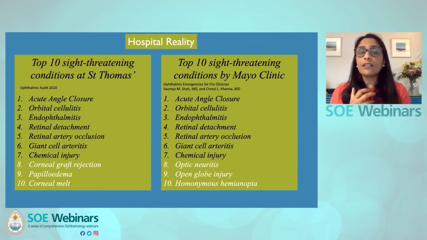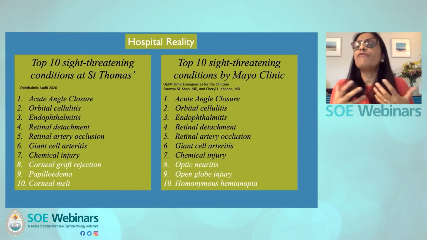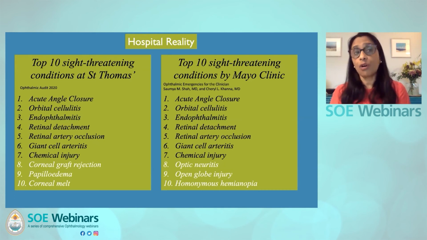Now, if we look at what the reality is in terms of what comes in to the hospital, we did an audit at St. Thomas's Hospital looking at the top 10 sight-threatening conditions. You can see that our top 10 is not that different from the published top 10 by the Mayo Clinic.